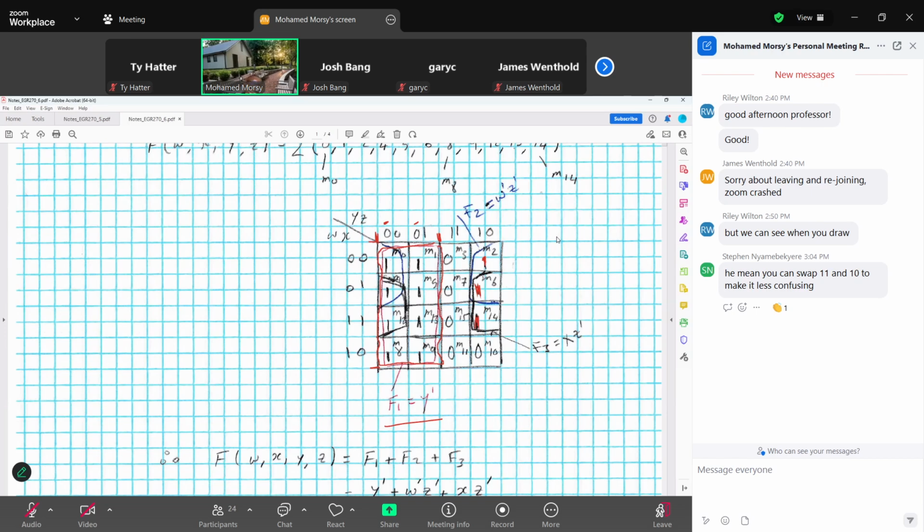So what we do here, we can take this one and this one in one group. Do we have better choice than this? Remember, more grouping of ones, better simplification.